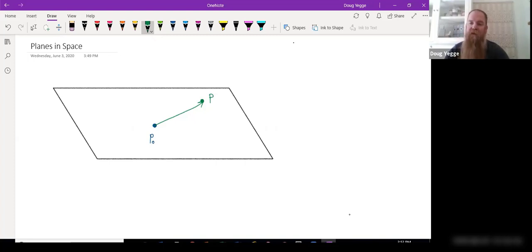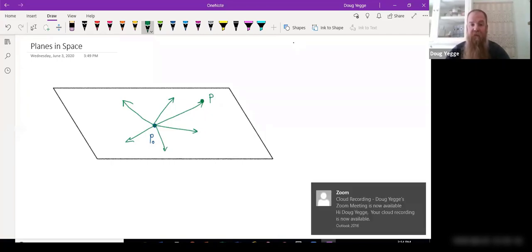But you might notice that just because you have a vector doesn't mean you have a plane. There's lots of different directions that I could take off in from P0, all of which are going to end at various locations in the plane. But depending on the direction, I still can't tell what the plane is because these may have all kinds of weird angles.